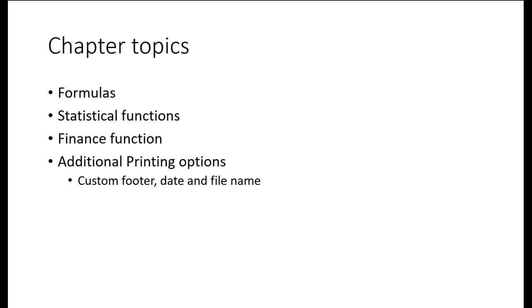You'll be using some finance functions, in particular the payment function, where you can calculate payments of different loan amounts. And then we'll be talking about some additional printing options where you can create a custom footer, date, and file name on that custom footer for when you print out your Excel spreadsheet.